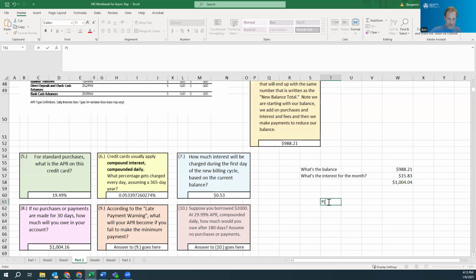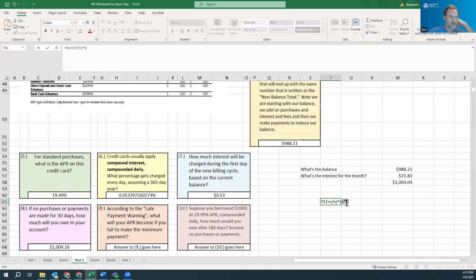Now, in the formula that we use, you do P times 1 plus R divided by N, raised to the N times T. I kind of did this in one step here and just said 30 instead of doing N times T, which you might be confused by. In some ways, it's harder to think about N and T in this situation. N is not hard. N is 365 because it's compounded daily.